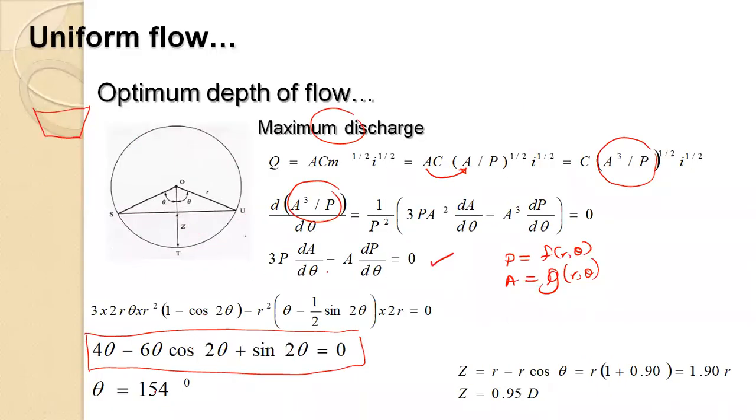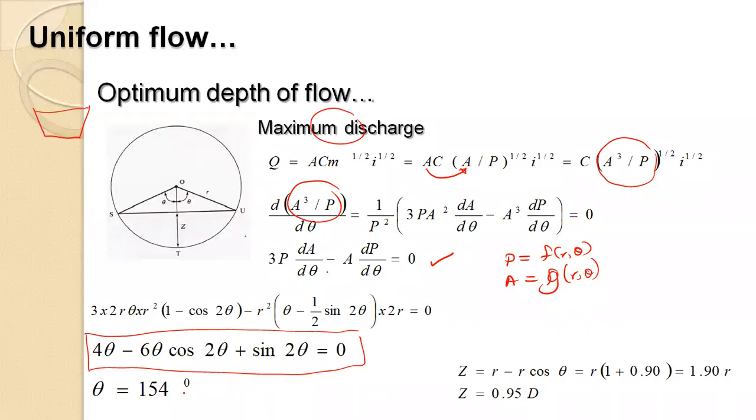And then you will find that the theta value in this case would have to be 154 degrees, right? So that means this theta will have to be 154. So 154, it's not 180. If it is 180, it would be flowing full. Theta will have to be 154 degrees.